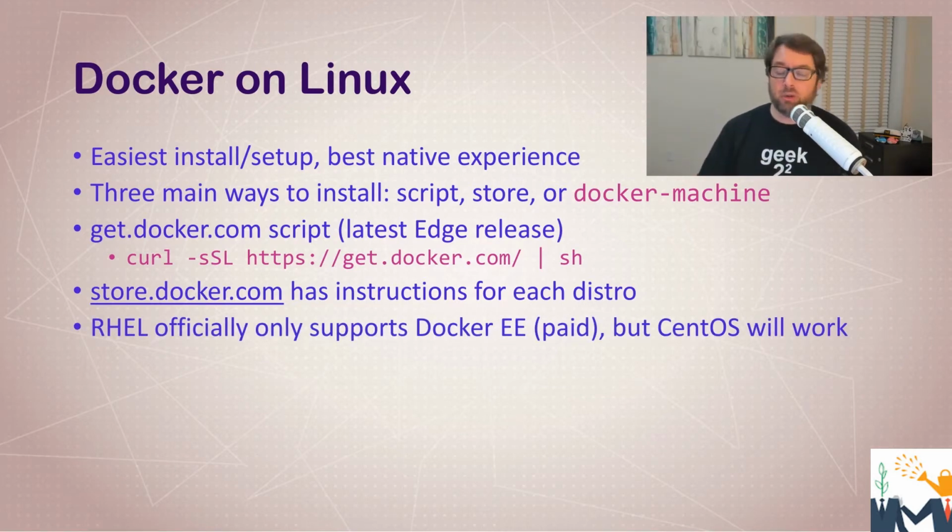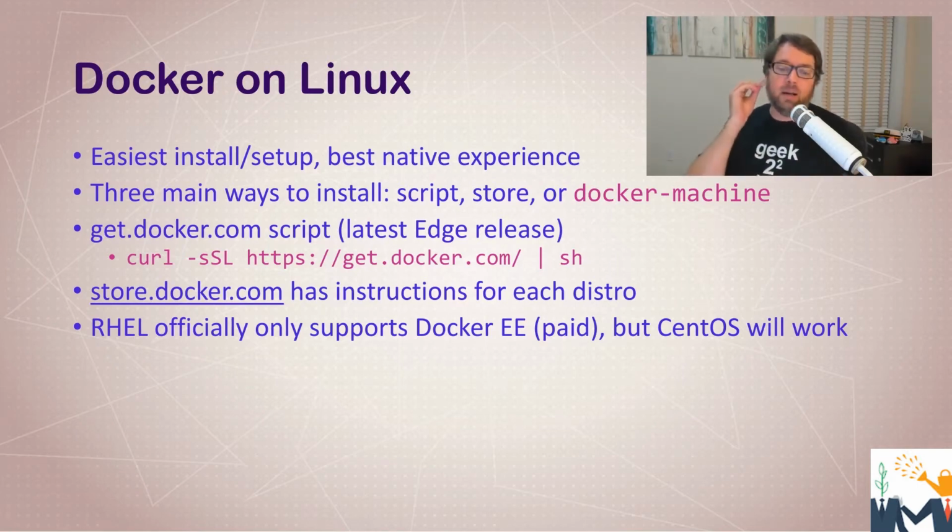I want to note real quick, though, if you're on Red Hat Enterprise Linux, or RHEL, as I'll call it from now on, that only officially supports Docker Enterprise Edition, which is the paid version. Docker's attitude really is a paid operating system gets a paid version of Docker. A free operating system gets a free version of Docker, when we're talking about the native stuff like Linux.